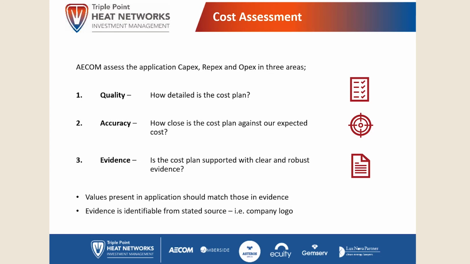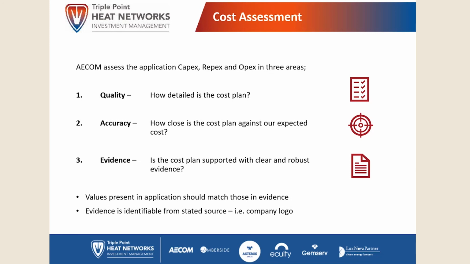We assess it against 3 different criteria. So the more detail you can give us in the cost plan, the better, and that relates to the tiers of descriptor that you use.